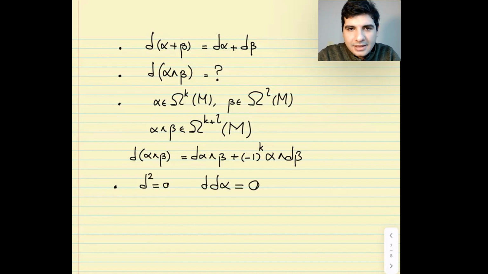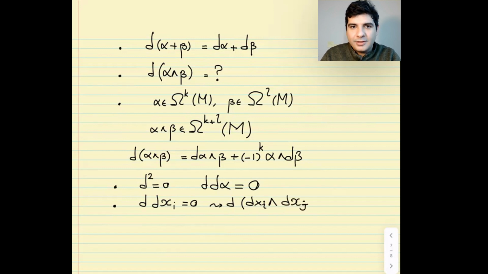The next rule is that d of d of something equals 0. So briefly, we can say d squared equals 0. For instance, d of dxi is 0. This implies d of dxi wedge dxj is equal to 0. We can use the fact that d squared is 0, and we have a formula for d of alpha wedge beta. If you put these together, you can say d of dxi wedge dxj equals 0.